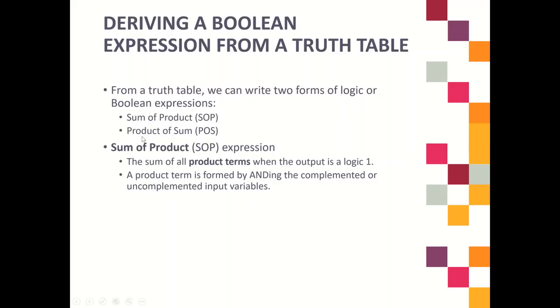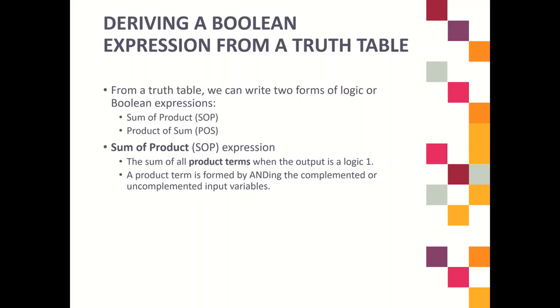So what is meant by SOP expression? SOP actually refers to the sum of all product terms when the output is a logic 1. Based on this first sentence, we need to find in your truth table the output that is equal to 1.